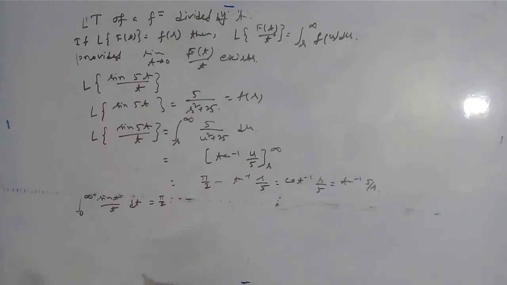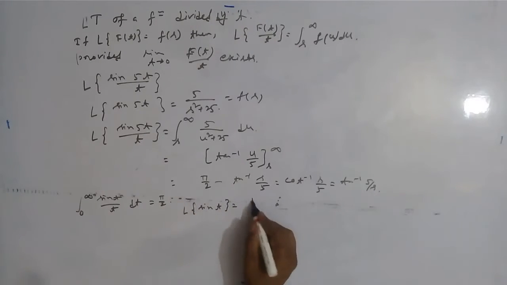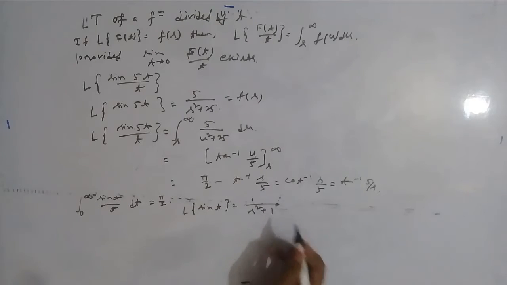So first we find the Laplace transformation of the given function. L of sin t, we know that it is 1 by s square plus 1.